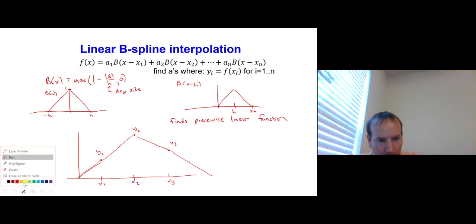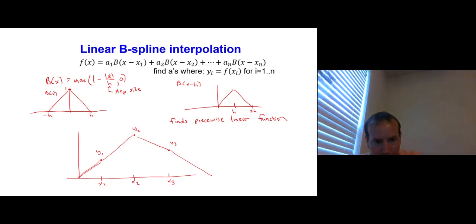If I show you what the individual triangles look like, what this is doing is it's summing a triangle that looks like here, with a triangle like there, with a triangle like there.